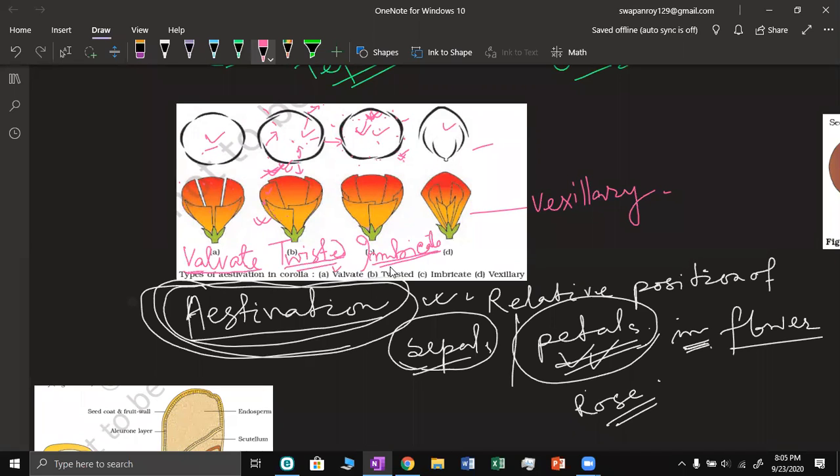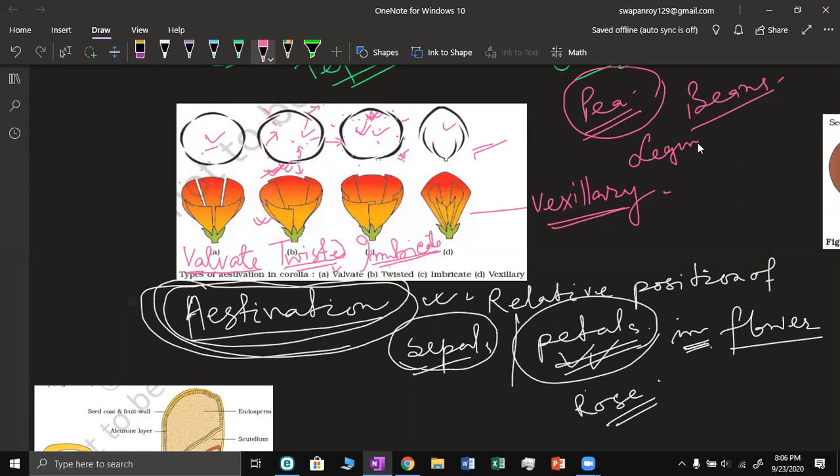So this is imbricate. And then vexillary estivation is very special. This one we find in case of the pea group of plants. Pea flowers and all the related types of beans, in legumes, actually leguminous, members of family Papilionaceae.